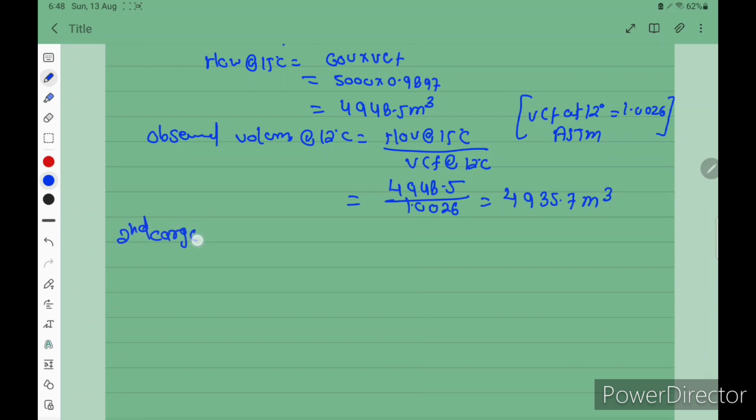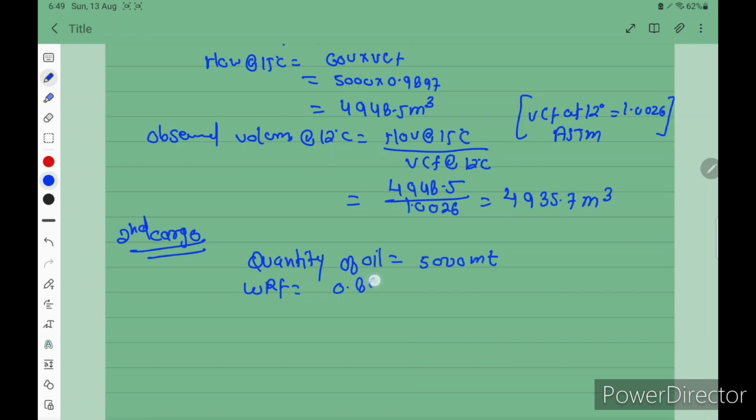Okay, so let's see the second parcel of cargo. Second cargo is given here in metric tons, so we have to convert it into volume. So quantity of oil is given in metric tons. Now the weight reduction factor: we are going the opposite way, no?